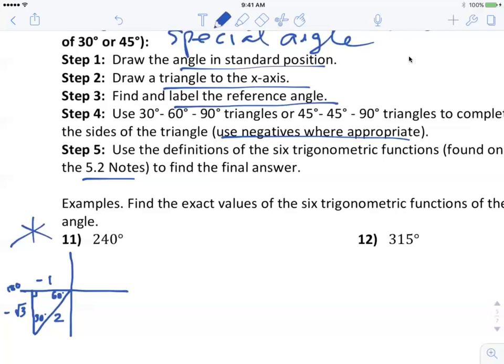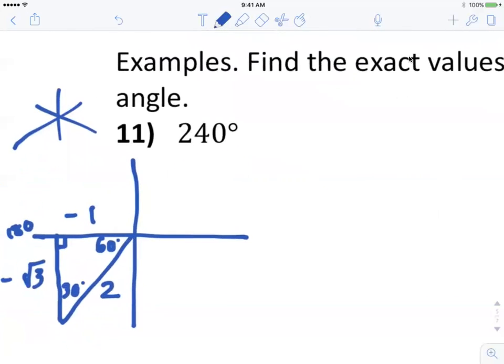So if we're going to do, let's blow it up again, sine of 240 degrees, you have 2 ways of thinking of it, y over r or opposite over hypotenuse. I don't care which one you're thinking, both of them will give you that same ratio.